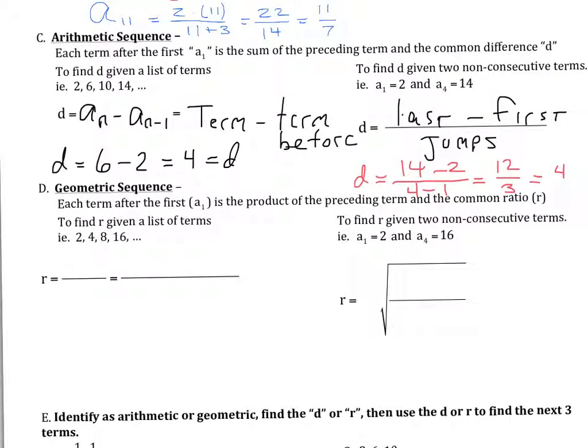In a geometric sequence, we learned this yesterday, each term after the first a sub 1 is the product of the preceding term and the common ratio. So you're multiplying by something every time. So to find r, given a list of terms, it's like we did yesterday, and I showed you what to do, is you take any term and you divide by the term before it, which would be a sub n divided by a sub n minus 1.